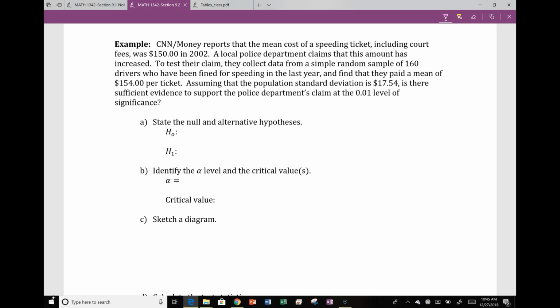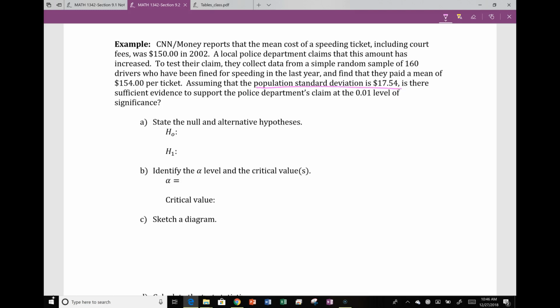Assuming that the population standard deviation is $17.54, is there sufficient evidence to support the police department's claim at the 0.01 level of significance?